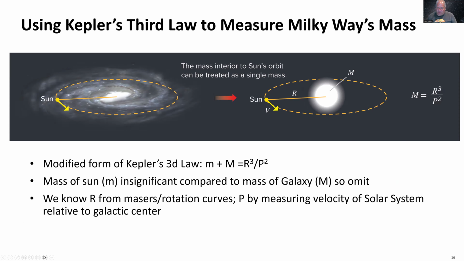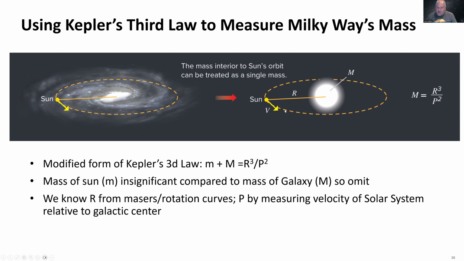Again, Kepler's third law relates to the radius cubed over the period squared. In the case of the sun versus the rest of the galaxy, we're basically considering all of the mass interior to us to be the equivalent of a single mass at the center of the galaxy. This is perfectly consistent with Newton's laws, to treat the galaxy this way.